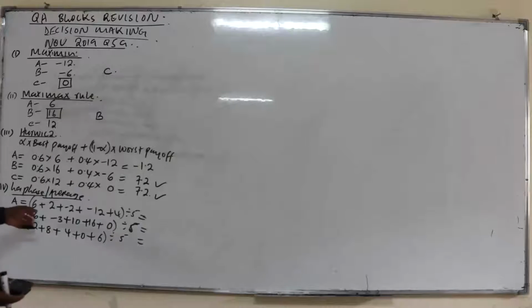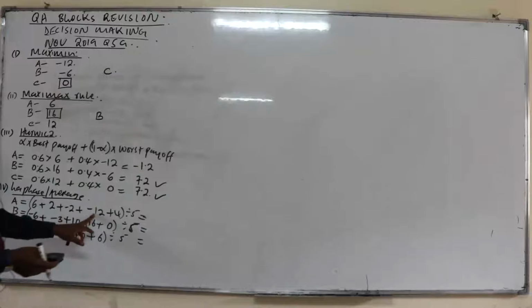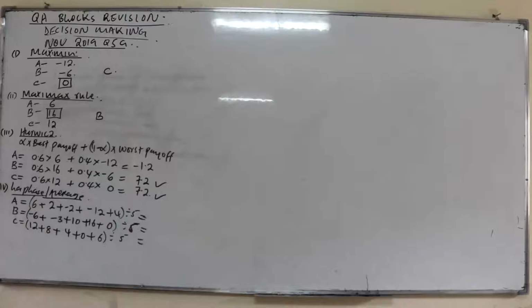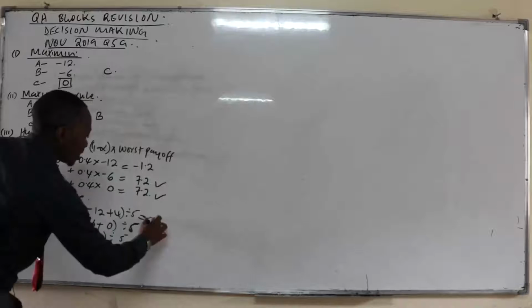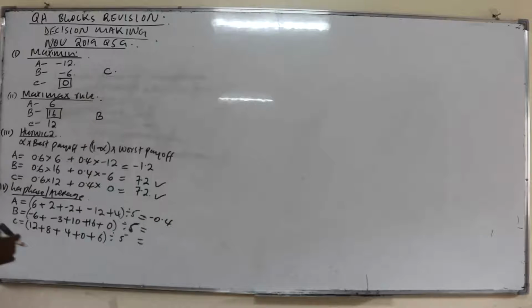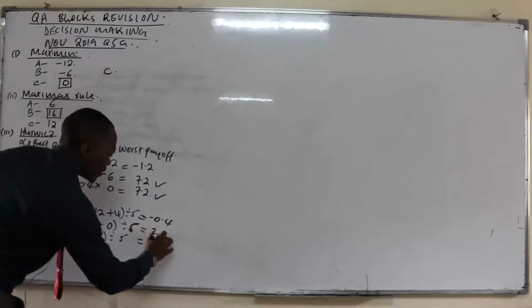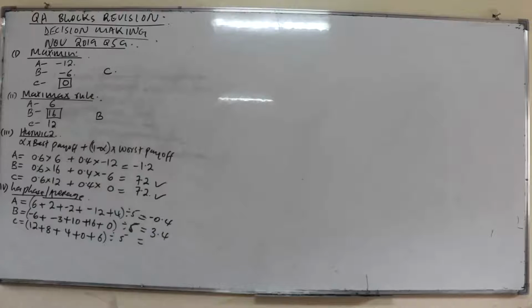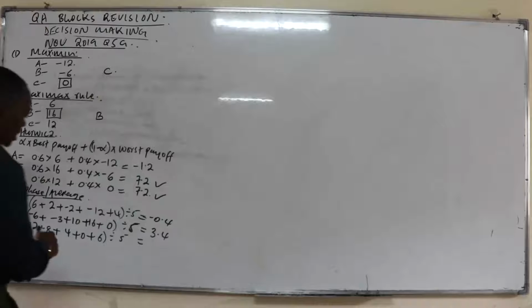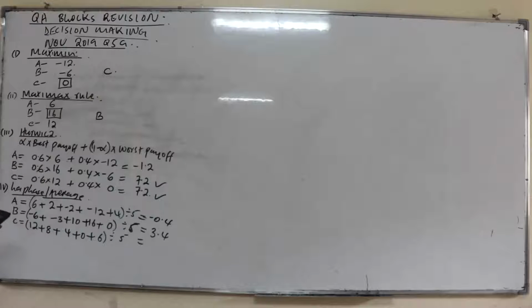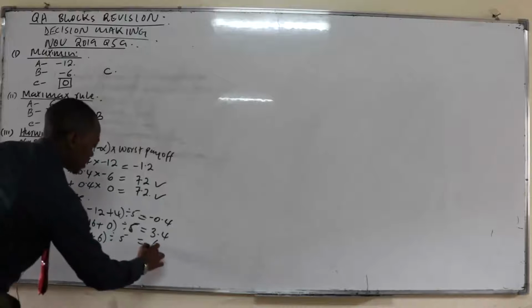So that's negative 6, that's 2. You have negative 0.4. Then we have 17 divided by 5. You have 3.4. 32 divided by 5, you have 6.4.